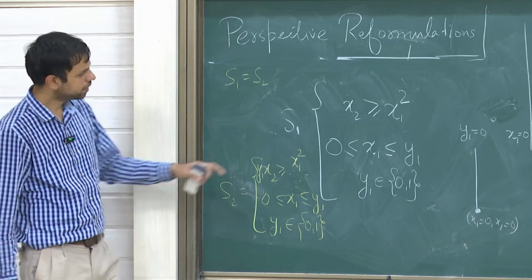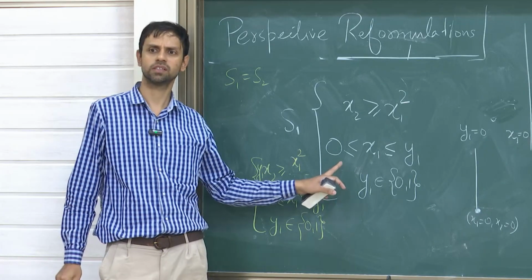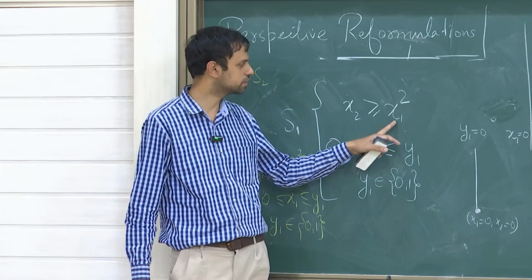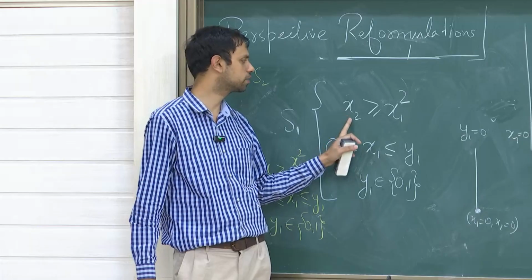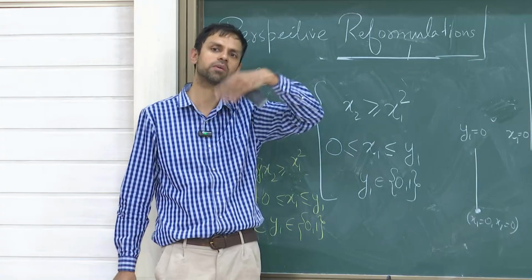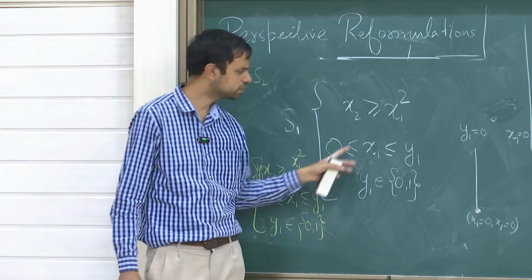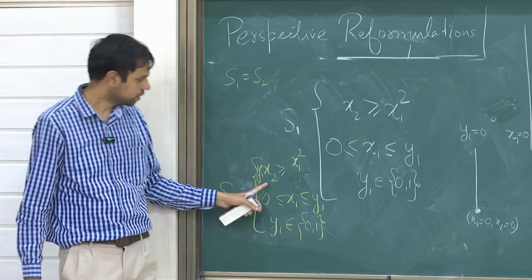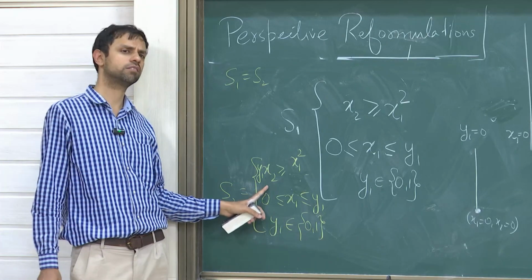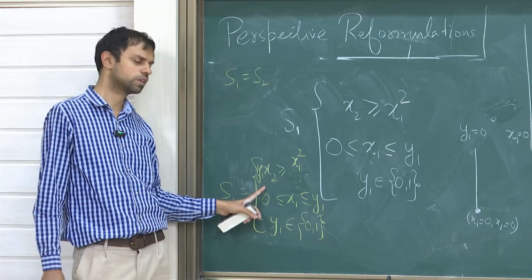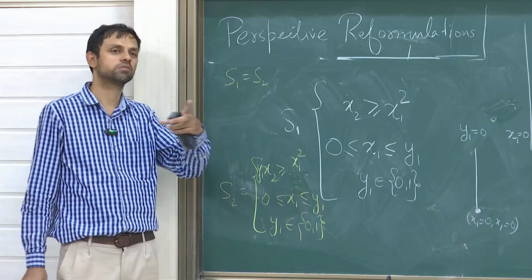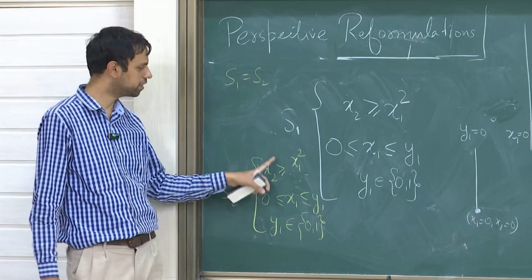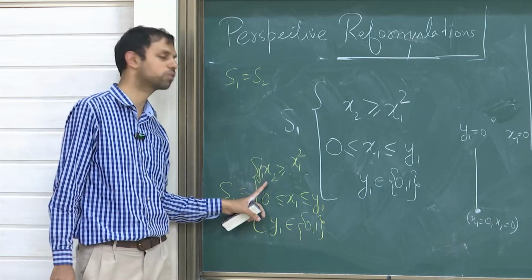Is this a convex set? Yes. Why? Because this is some convex function, and I am saying that x2 must be more than some convex function. So above it is a convex set, and these are linear. Is this a convex set? Why not? Because we have some bilinear term here, and in general this function is not convex.